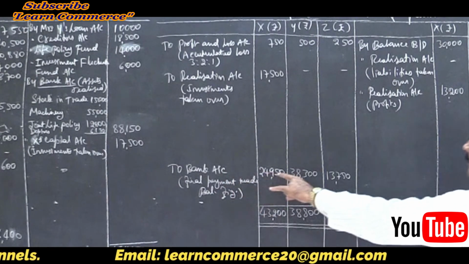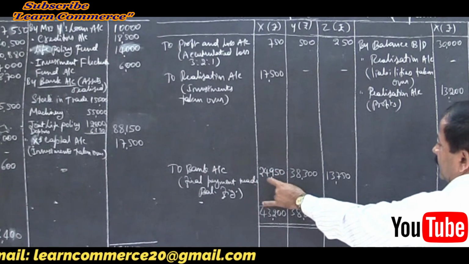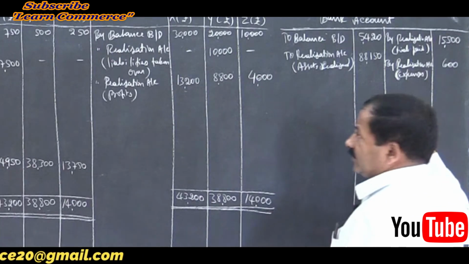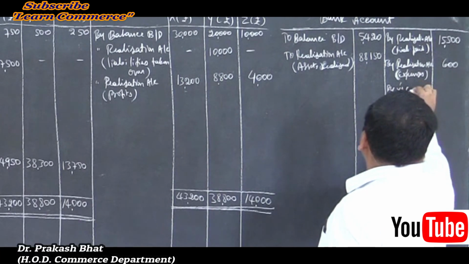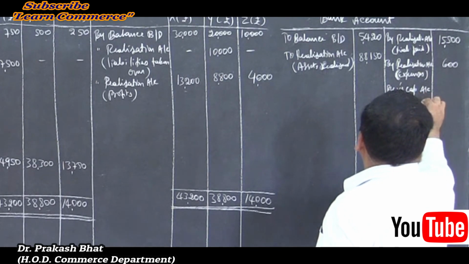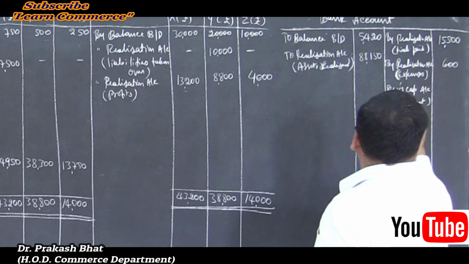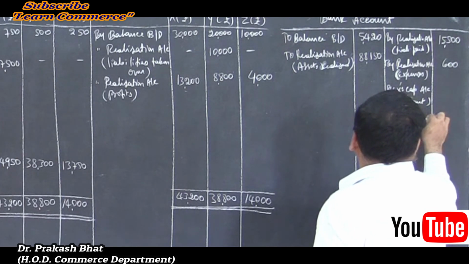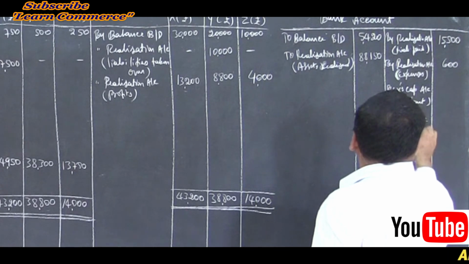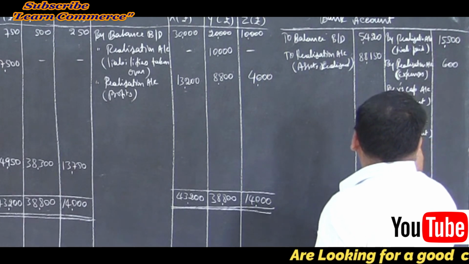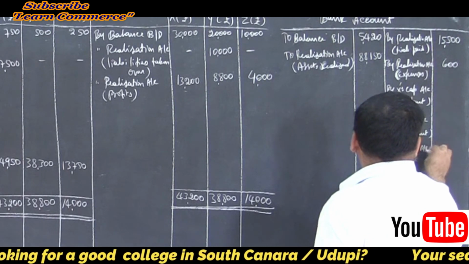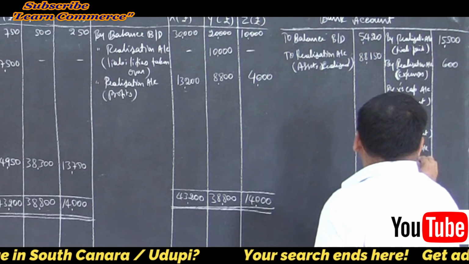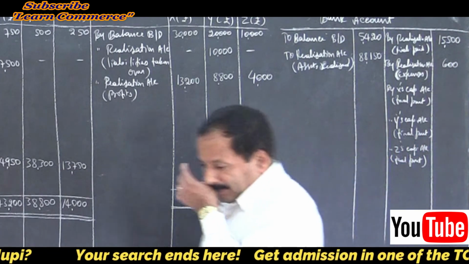See here, only bank account, combined capital accounts of partners. So bank account is credited by X's capital account, final payment, by Y's capital account, final payment, and Z's capital account, final payment.